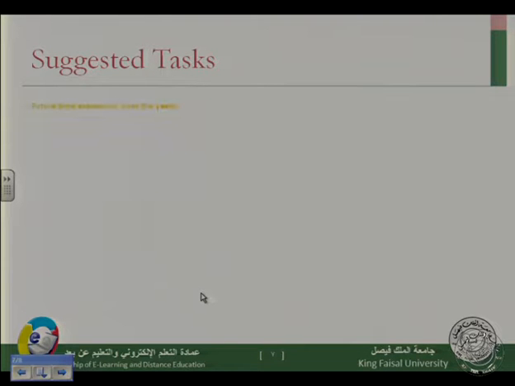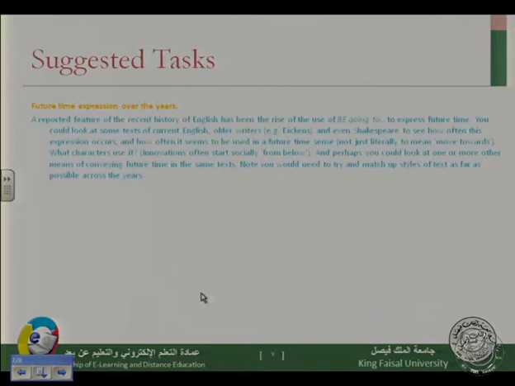Future time expression over the years. This is very important. In all the grammar courses that you have studied so far, one of which is my course, the Azar grammatical structure course, we studied be going to, the future time: I am going to, he is going to, they are going to.